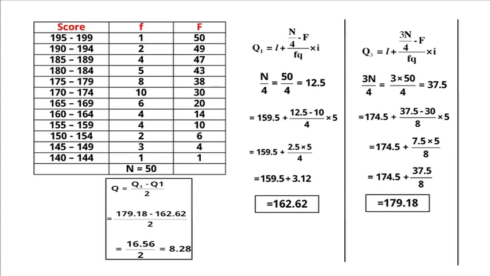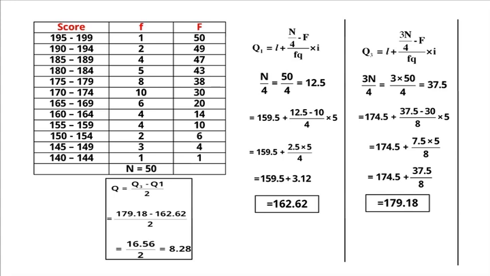So, the less in values are below this. Now, this we have already added up, 30. So, capital F is 30, FQ, its actual frequency, that is 8, and the rest, you know, I is 5. Now, you just solve it and when you solve it, the answer will come as 179.18.